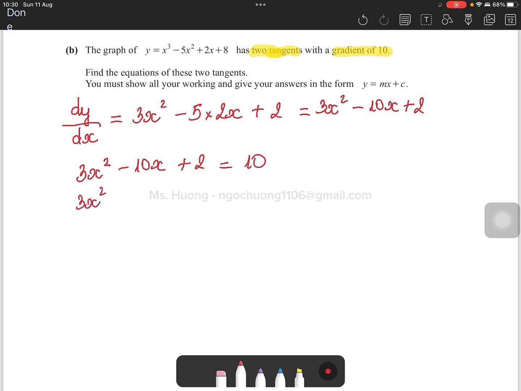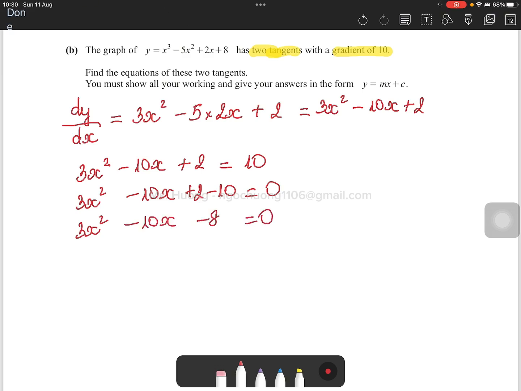So we'll simplify this equation by subtracting 10 from both sides. 2 minus 10. So this becomes 3x squared minus 10x minus 8 equals 0.